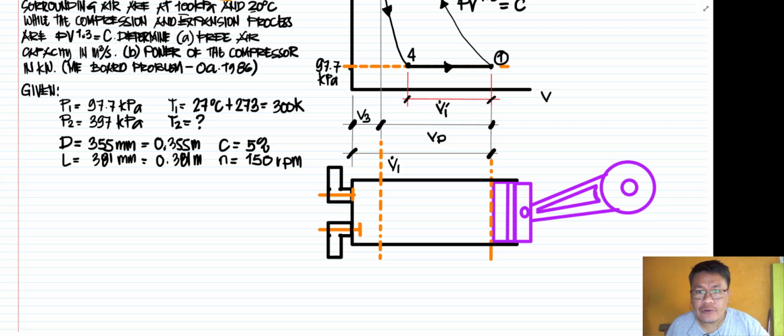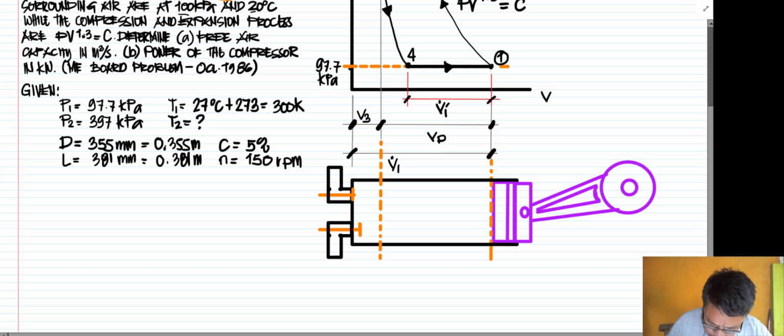Now I have drawn here the piston. So we have here the section of a reciprocating compressor to represent our PV diagram. Now during the suction stroke, we have here the movement of the piston that is going down. During the suction stroke, the intake valve is open, then the air enters here.